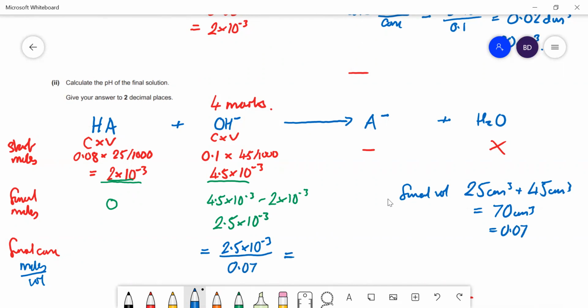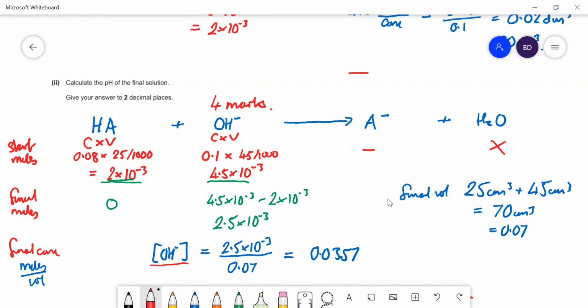So that gives us a final concentration of 0.0357. So this is the OH minus concentration, don't forget, which is 0.0357.